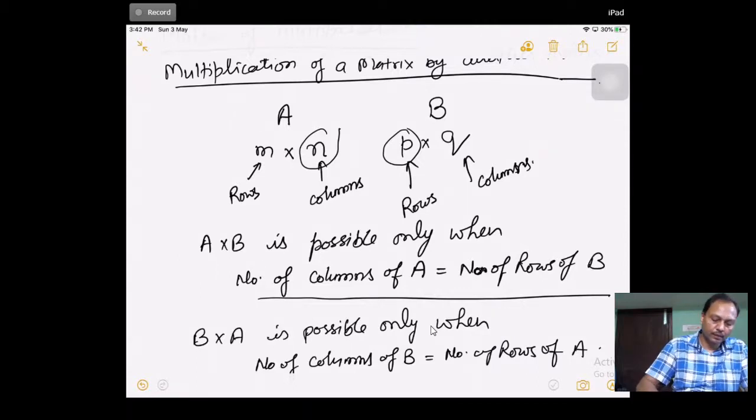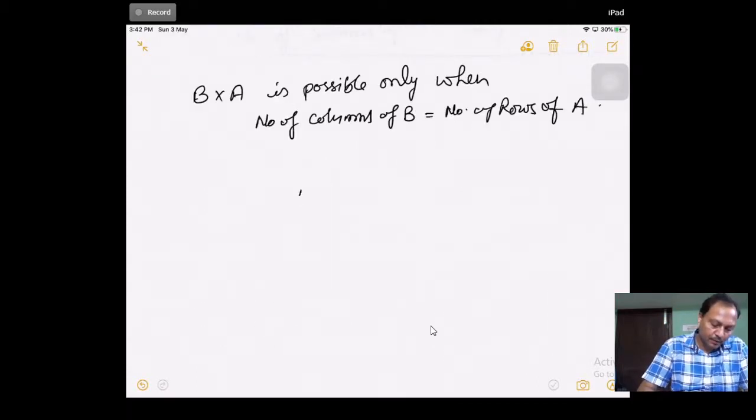Now, another thing: we have seen that to find AB, we have to check the order. If the order of A is m into n and the order of B is p into q, then n and p must be equal.